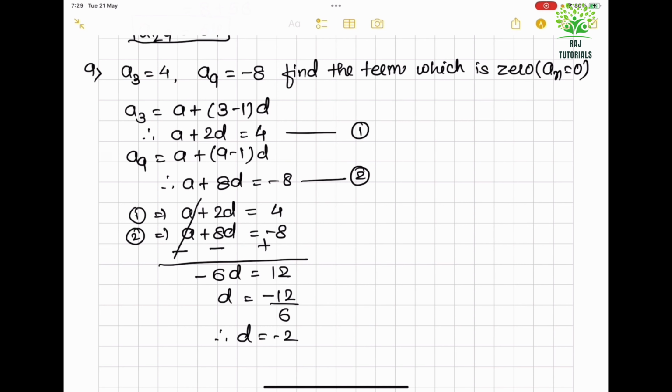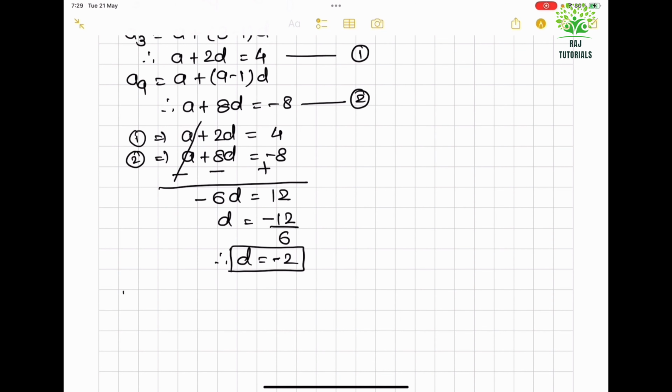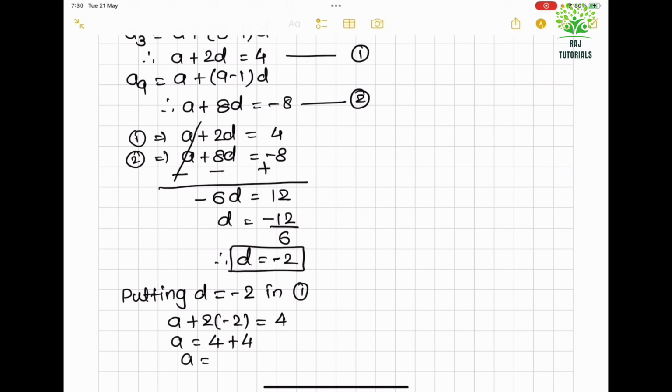So therefore d equal to minus 2. Now putting d equal to minus 2 in 1. So a plus 2 into minus 2 equal to 4. So a equal to 4 plus 4. So a equal to 8.